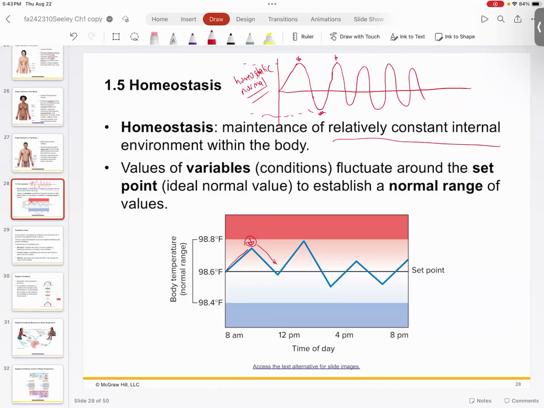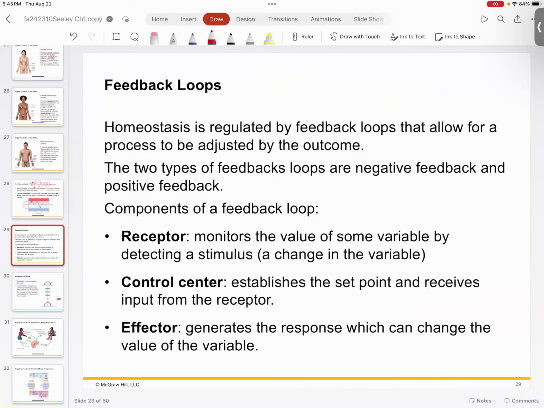Once your body temperature goes below 98.6 degrees, there's another set of responses from your hypothalamus that will turn the core body temperature back up. And so it's oscillating constantly around this overall range of 98.6. That's your homeostatic bullseye, and you oscillate back and forth around that.